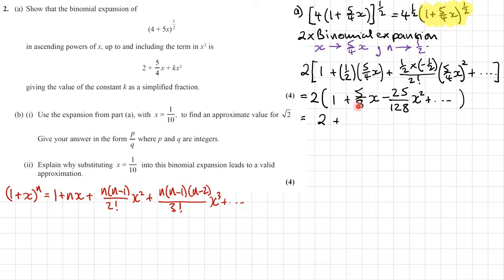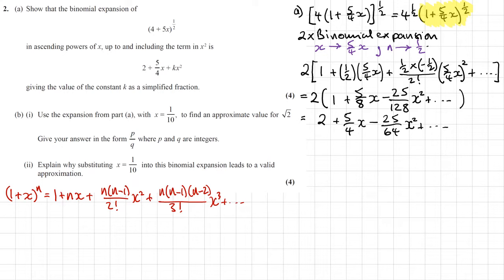I want to simplify all my answers. So 10 over 8 simplified will be 5 over 4, so 5 over 4x, and then multiplying this by 2, 50 over 128 is going to be 25 over 64, so minus 25 over 64 x squared.